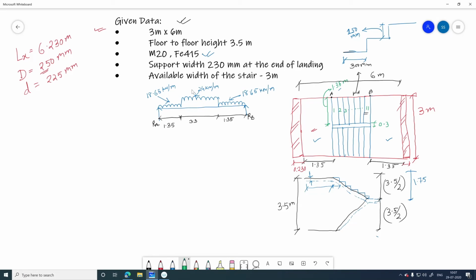If we need to make the equation at a distance x from RA, that means the A support, consider this distance as x. Here I need to determine the moment.